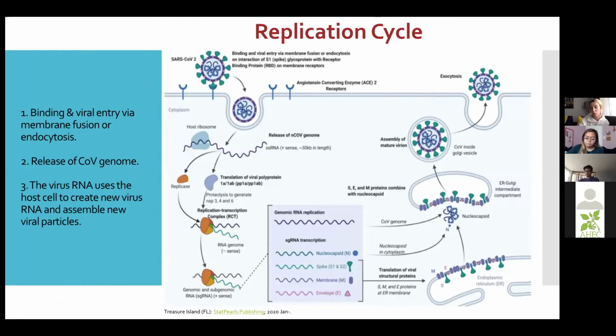When I read, my understanding was that it would be nice to inhibit those receptors, see those receptors, so the virus wouldn't enter inside, or inhibit the RNA replication, or inhibit the S protein spikes here. So there are many different ways that scientists can approach that. Hopefully soon we'll get something as a treatment.